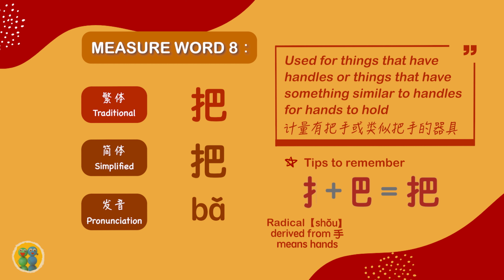The left part of this character is the radical of this measure word. This radical means hands. The things that are used by hands with a handle, we use the measure word 把 to count. So you can use this kind of connection to remember this measure word. You can relate this radical to this measure word's usage.